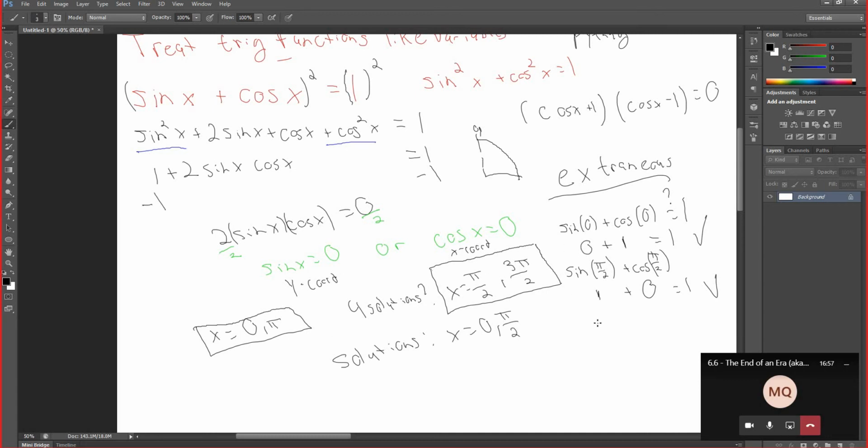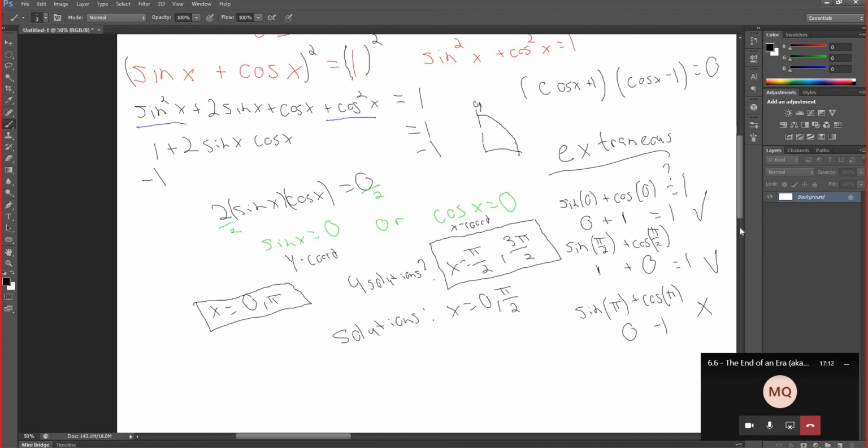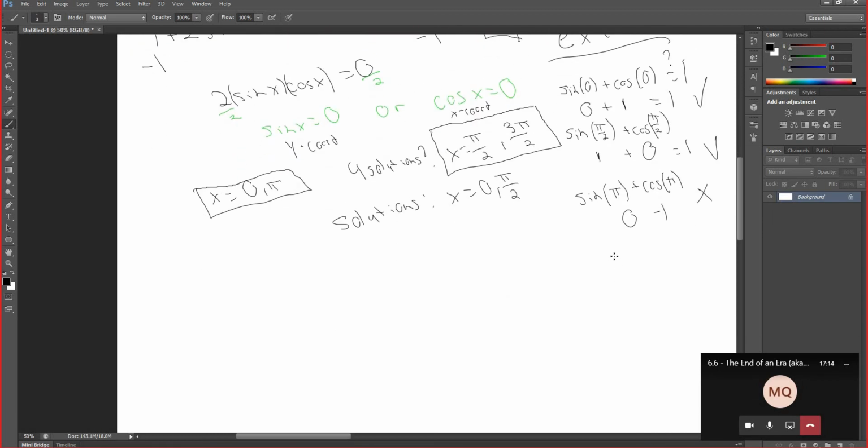I can then do the same for sine of pi plus cosine of pi. However, you might then recognize, oh wait, now cosine, the x-coordinate at pi, is actually negative 1. So this is 0 minus 1. So that won't work. And then at 3 pi over 2, y is negative 1. So we've now gone into the negatives by going to quadrant 2 and quadrant 3.